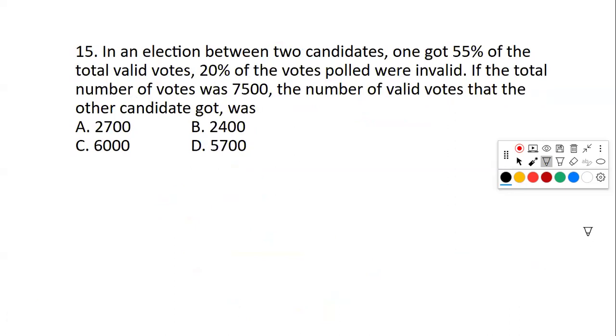Try this one, a little bit of variation again. Same election-based question, but a little variation in the question. That is the reason why it is very important to understand the concepts. Once you understand the concept, variations in the questions can be easily handled.